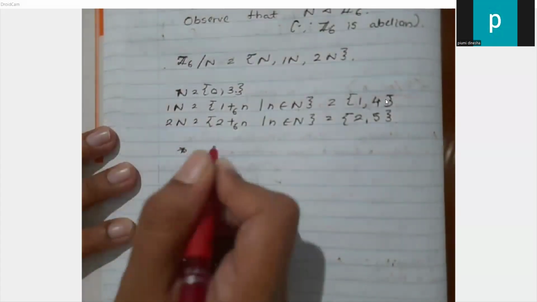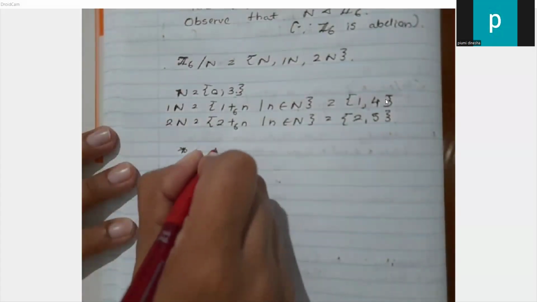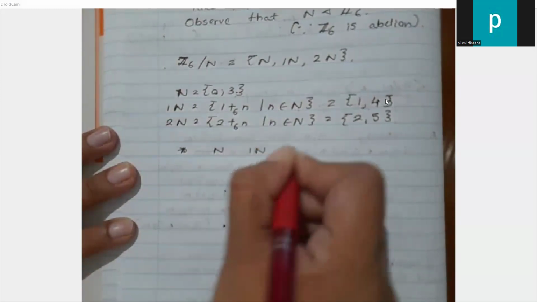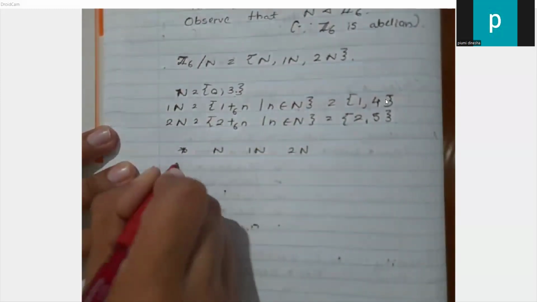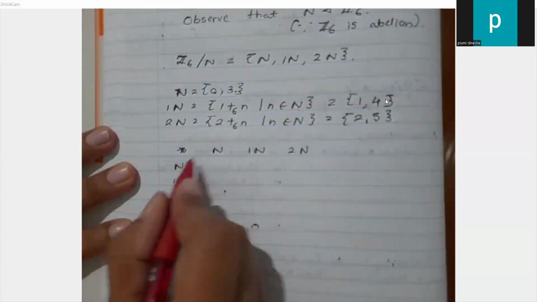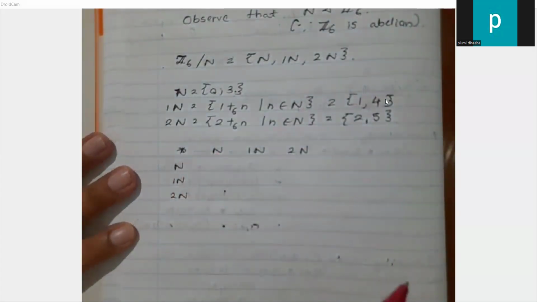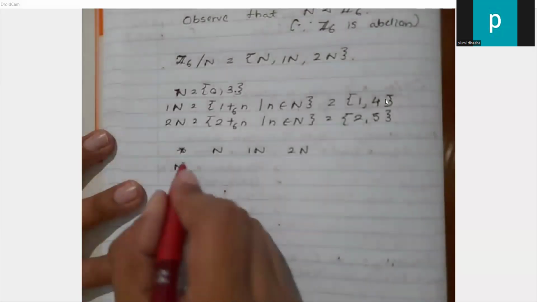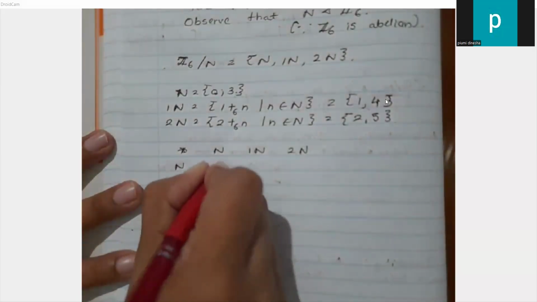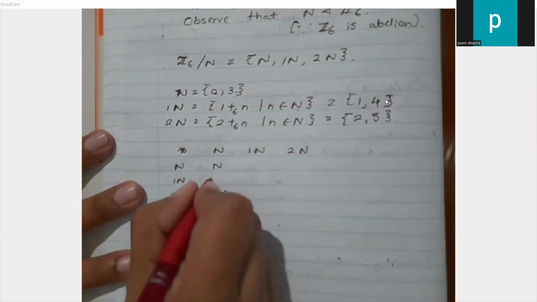I'll just indicate the binary operation here by a star. We have N, 1N, 2N along the top and the side. N star N, how do we find it? Now, N is the identity, so we don't have to spend time finding those elements. N star N would simply give N. 1N star N would simply give 1N.